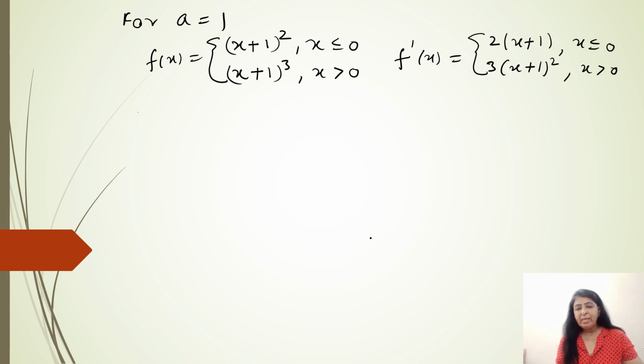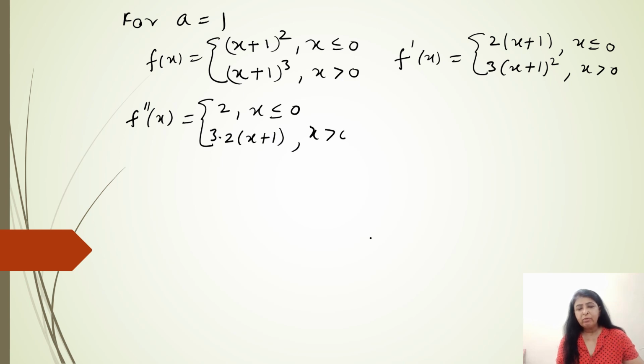Now f double dash x, so this will be equal to 2 when x is less than or equal to 0, then 3 into 2(x plus 1) when x is positive. So instead of checking left hand derivative or right hand derivative, we will check the continuity of the function f double dash x.